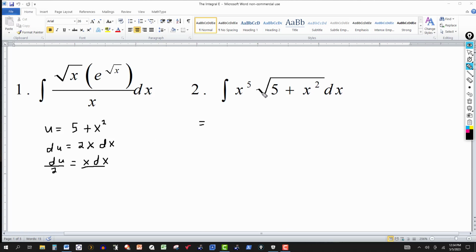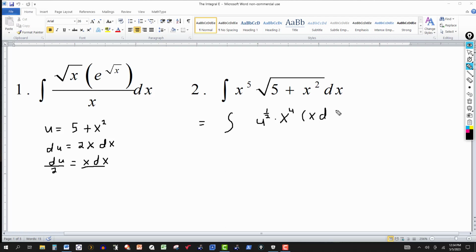There's a problem here where I don't have that x in front, but I can do something here. This is the integral of, I know 5 plus x squared is u, so let's make that substitution. So this will be the square root of u, and I'm going to write it as u to the 1/2. And then x to the 5th, I'm going to break that up into x to the 4th and x dx.